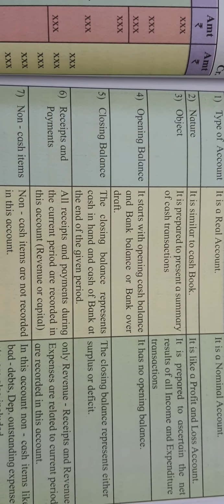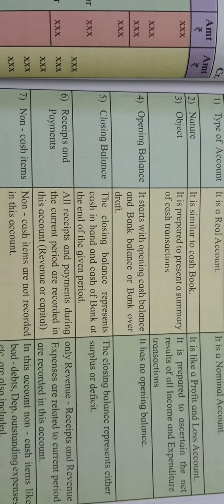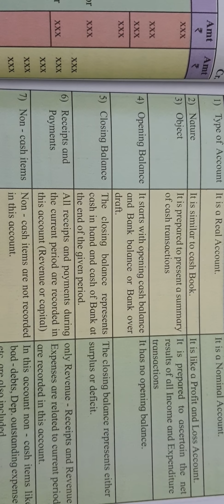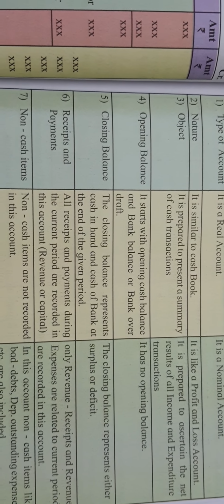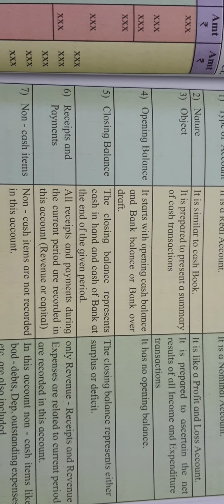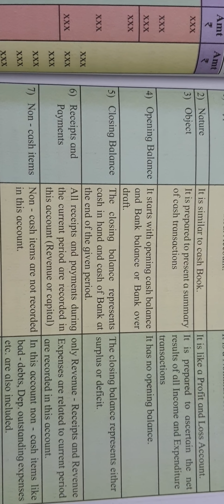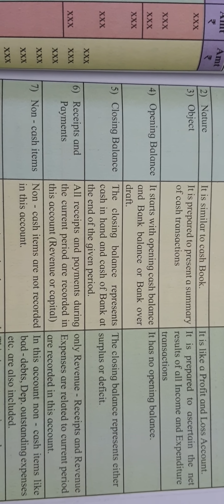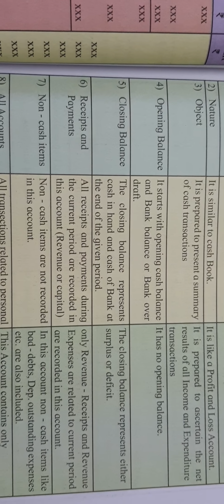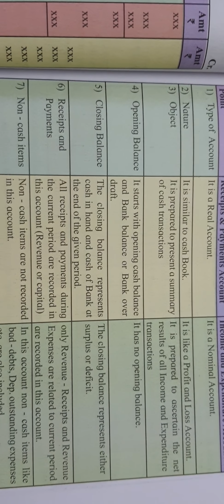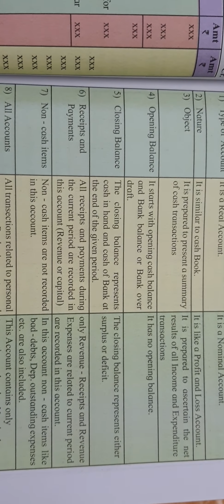All receipts and payments for the current period are recorded in receipts and payments, whether revenue or capital. But in income and expenditure, only revenue receipts and revenue expenses related to the current period are recorded.